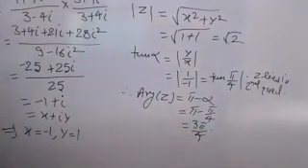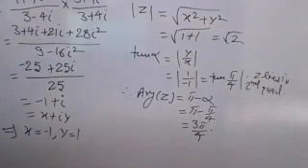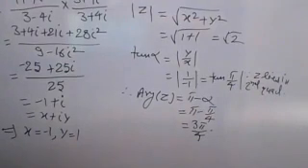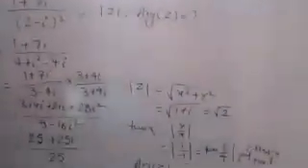That is, 3 pi by 4 is the value of the argument. Are you all comfortable finding the value of the argument of z? Yes, sir. Okay, so I give you another question.